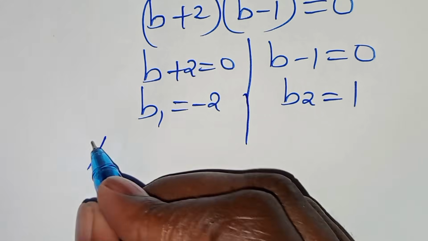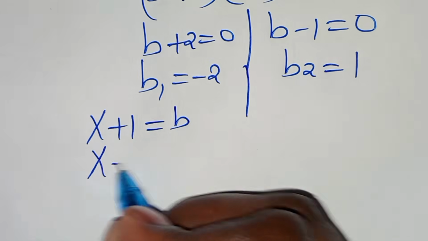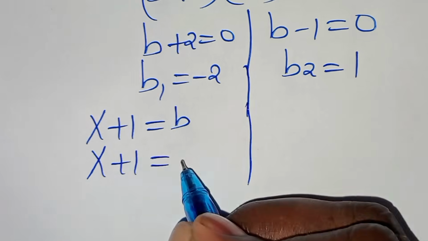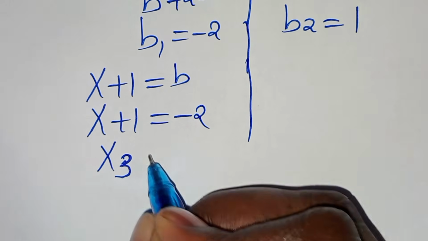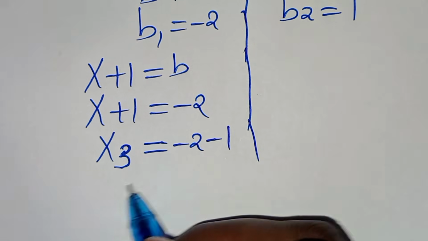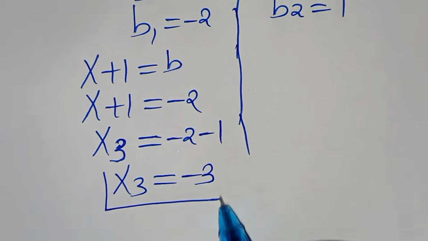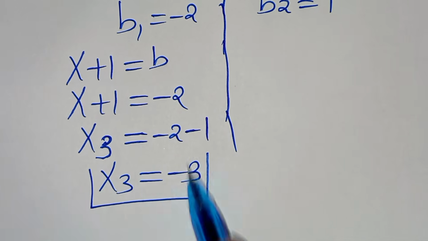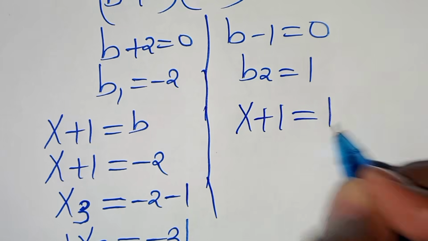So we have that x plus 1 is equal to b. So we have x plus 1 equal to minus 2. Then x3 is equal to minus 2 minus 1. And this means that x3 is equal to minus 3. This is the third solution here, and this is a real solution. Then here we have x plus 1 equal to 1.